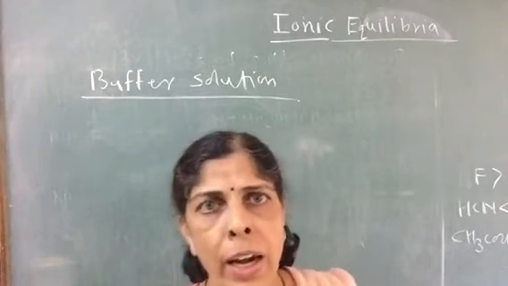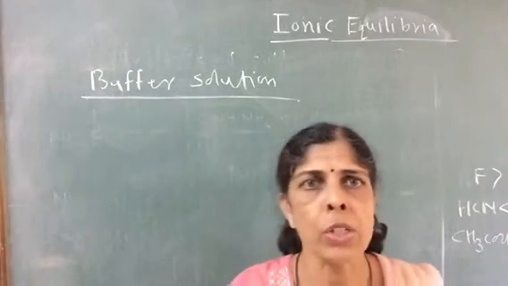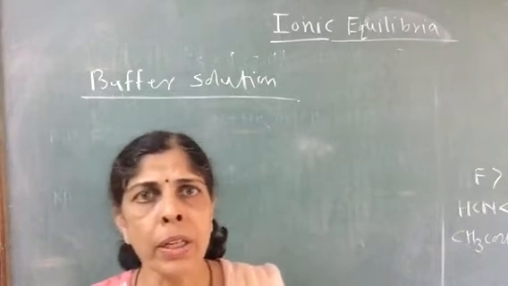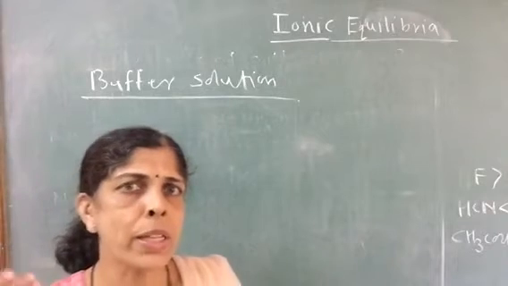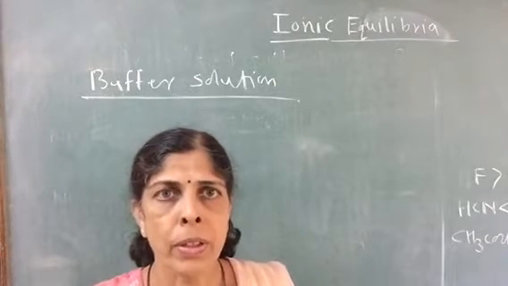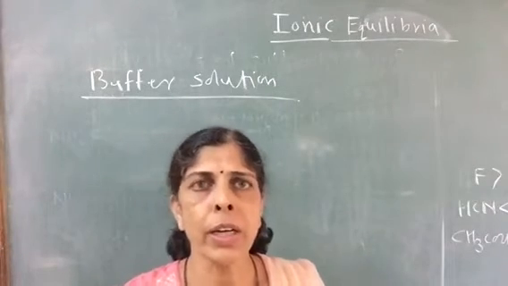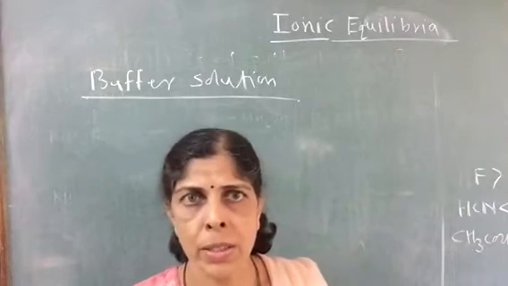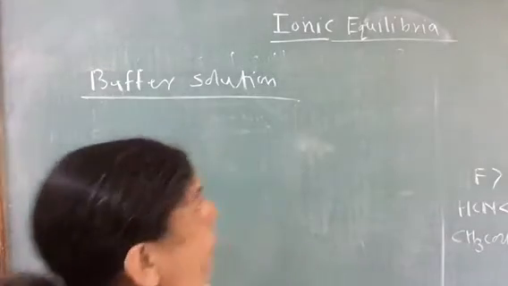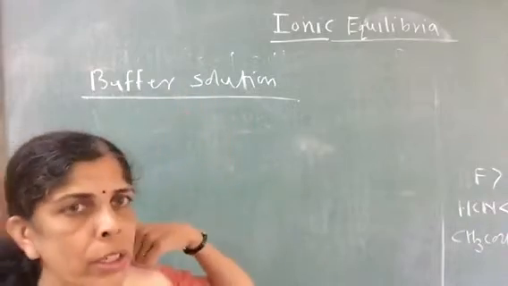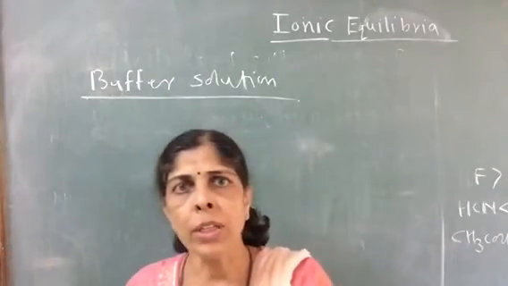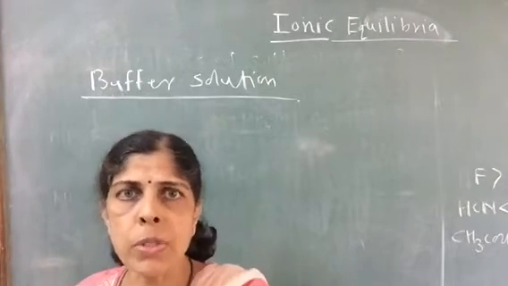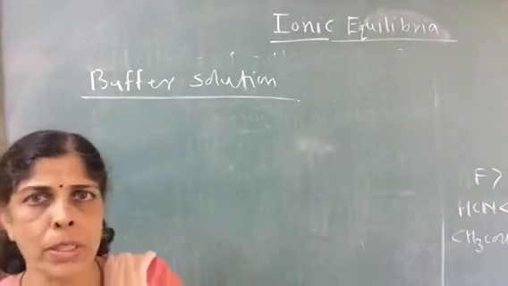If you add a strong base, OH minus ion concentration will increase, H plus ion concentration will decrease, and pH will increase. But a buffer resists sudden change in pH because of addition of a small amount of strong acid or strong base.